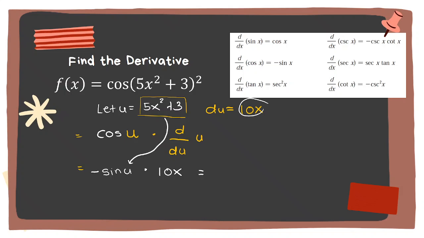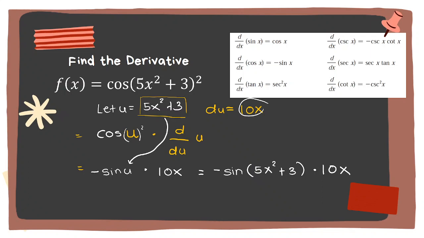The answer is negative sine 5x squared plus 3 times 10x. Nakuha? But since meron akong 2 dito, naka-squared si 2 ko dito.